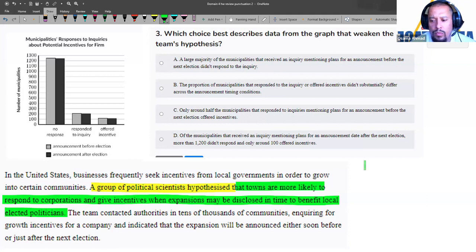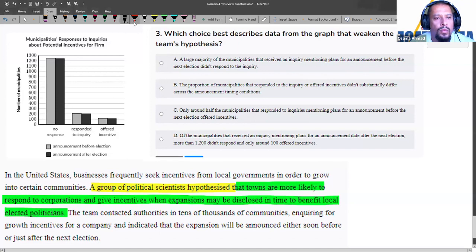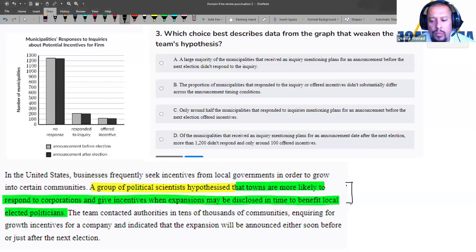Expansions may be disclosed and benefit local.